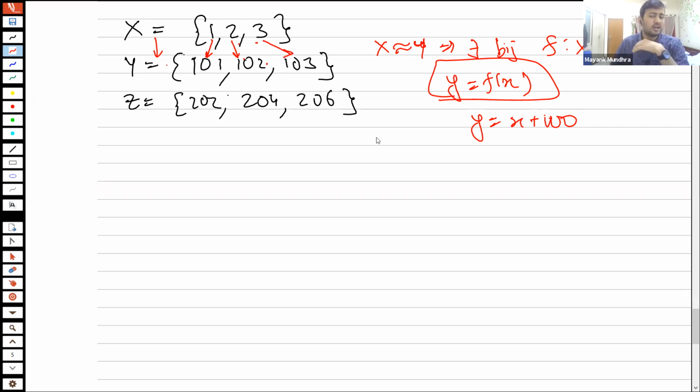Now, it's not necessary that there will be only one bijection. What I want you to appreciate is that you can construct multiple bijections. I can construct another function f1.